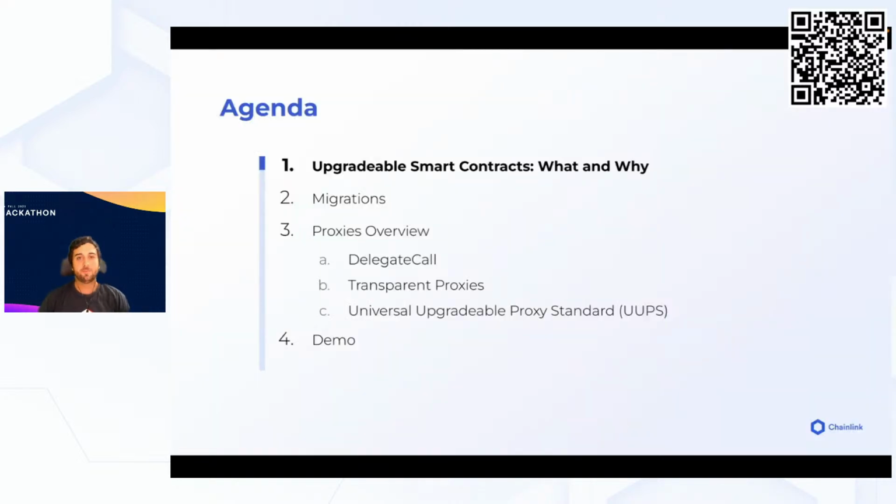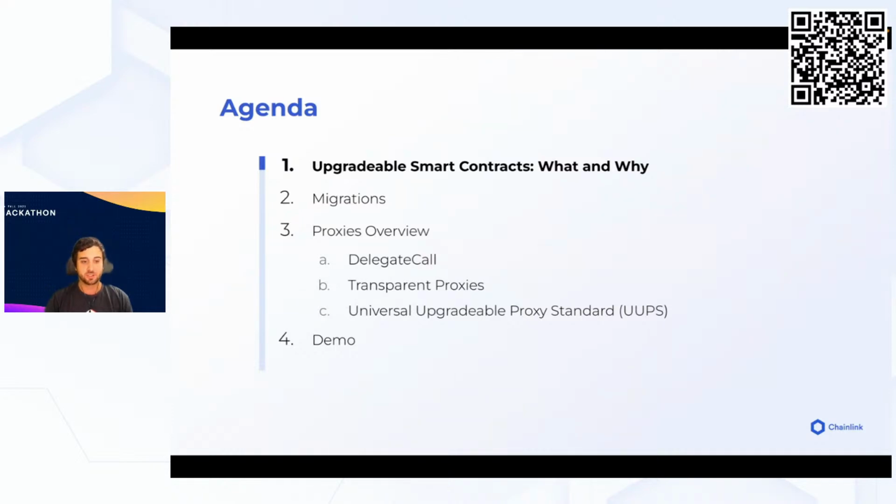So we're going to talk a little bit about the what and why of upgradable smart contracts today. We'll move on to the migration pattern, which is a very basic pattern of upgrading smart contracts. And we'll get into the meat of it, which is the proxies overview. This is the most popular type of upgradable smart contract. And then we'll dive into the demo.